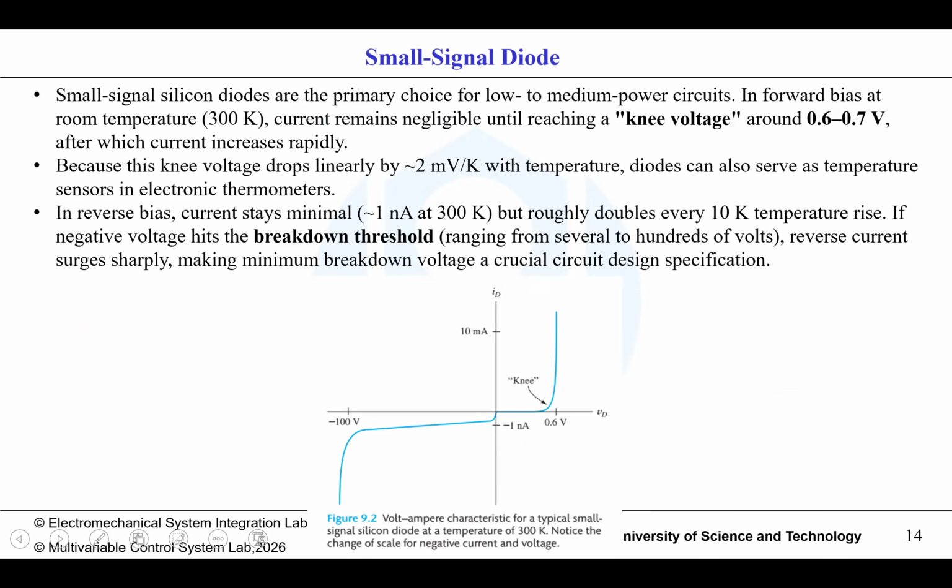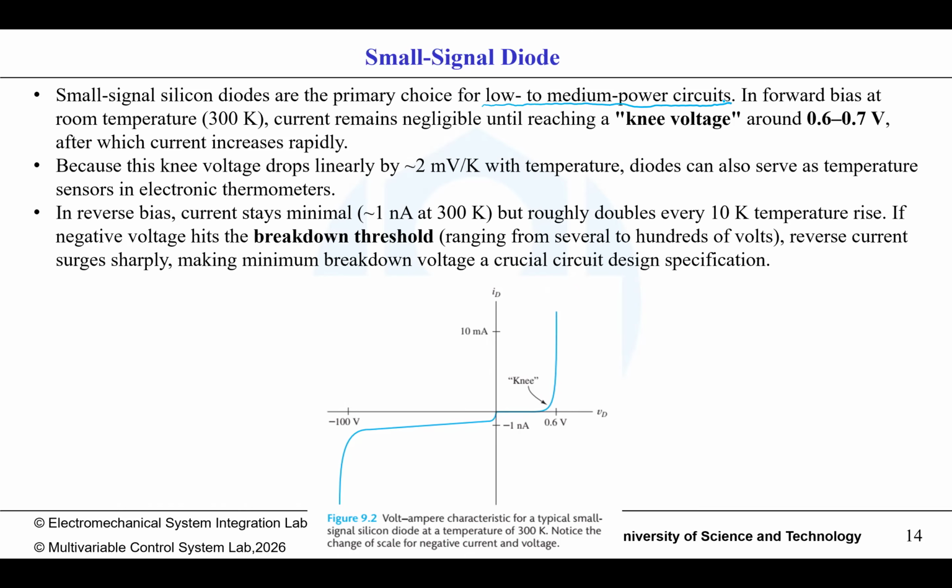On the previous slides, we showed you the shape of this characteristic diagram to describe the voltage and current of a diode. Here, usually we focus on the small signal diode, and it is a primary choice for low to medium power circuits.